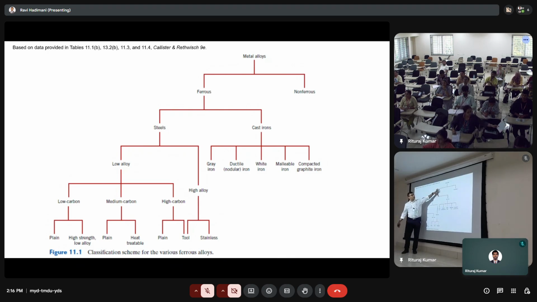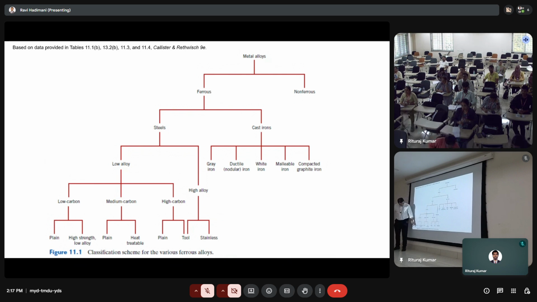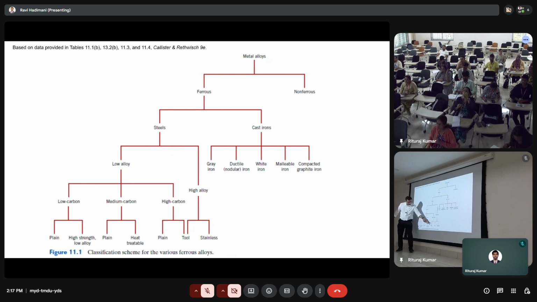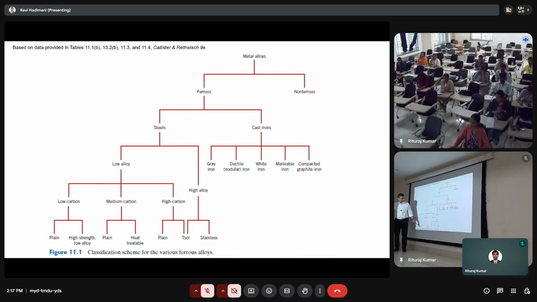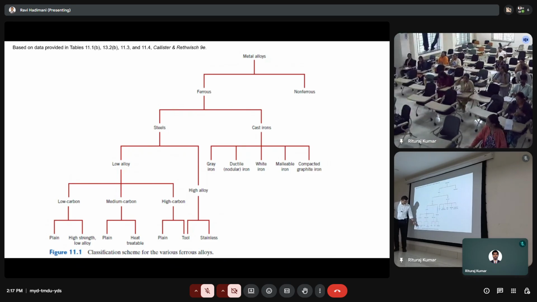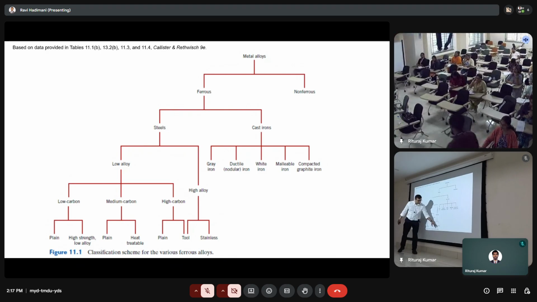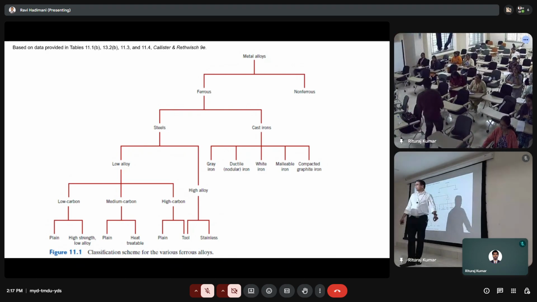First, the composition determines whether you are ferrous or non-ferrous. Same here, steels is also determined by composition. And then within your composition, your thermal treatment makes it heat treated or high strength or stainless steel. Okay.